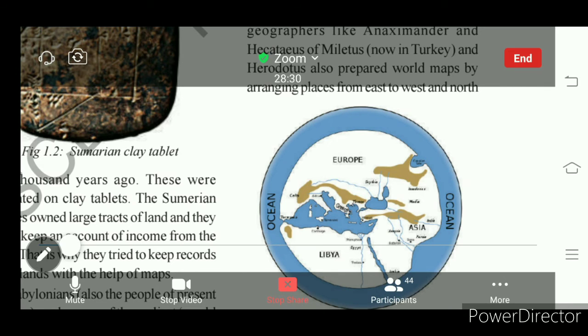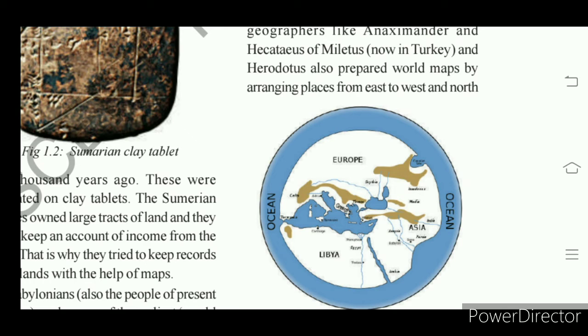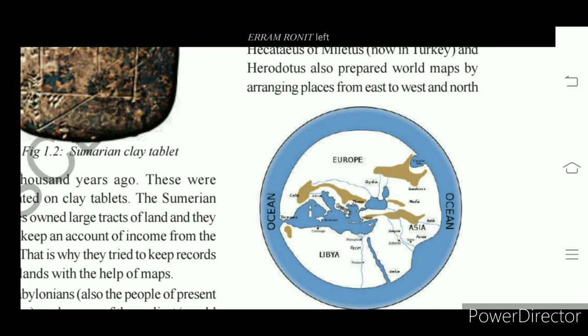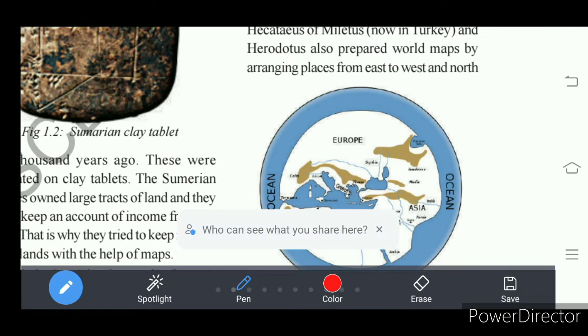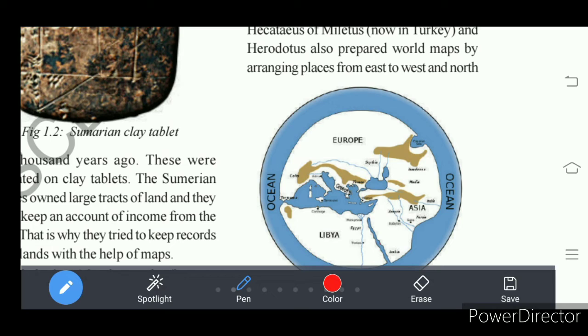Several ancient maps gave correct information about Europe and the areas near Europe. Here, you look at that. What is shown here? Europe and Africa, as Libya, and Asia are shown. These are near to the Greeks, so these are shown there. And they have given it correctly.